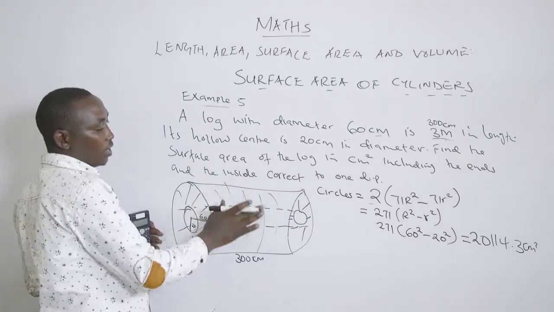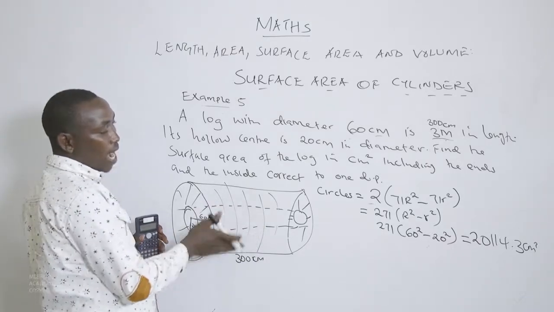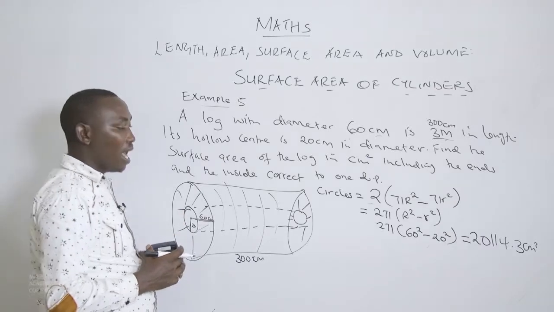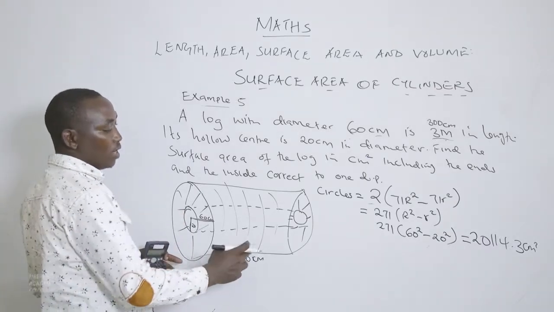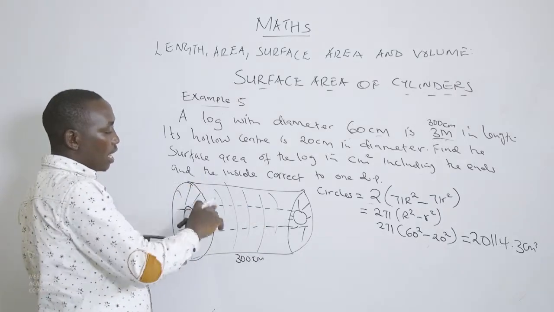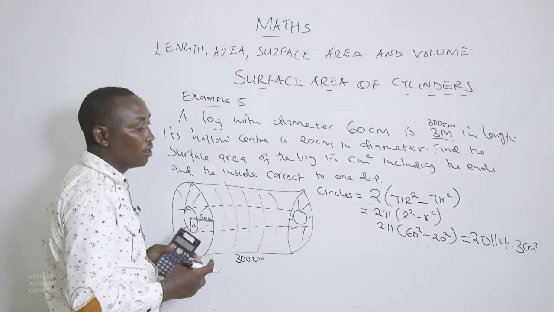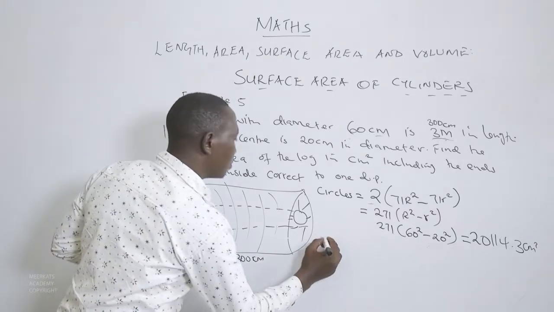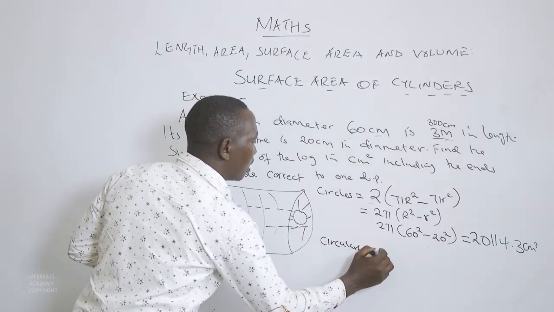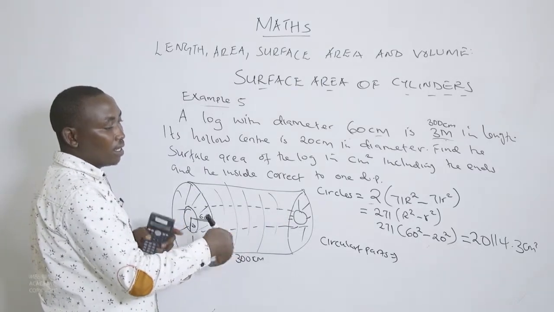We now move to this other side, which is the curved part, and we had said that when opened up, it gives us a rectangle where the length will remain to be 300 and the width will be the circumference of this particular bigger circle. So for the circular parts, there are two. We have the inner one and the outer one.